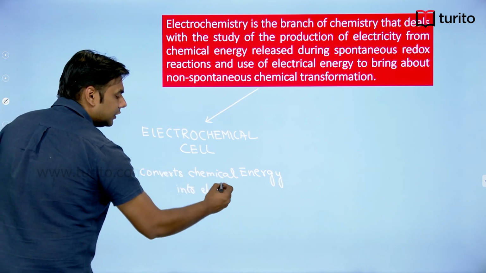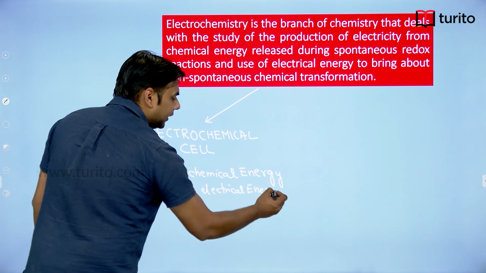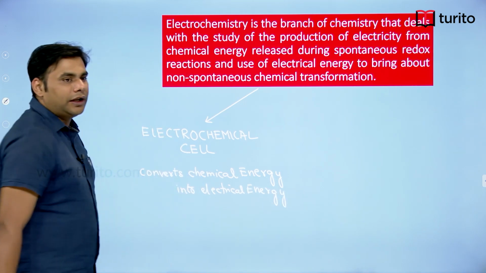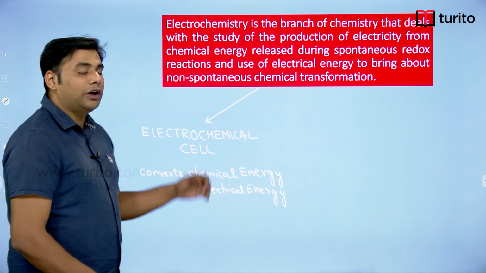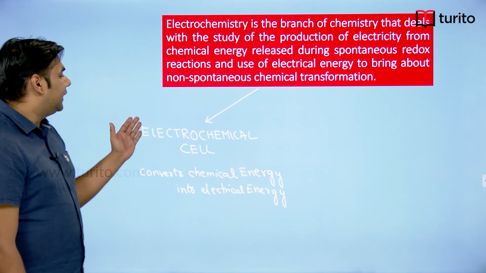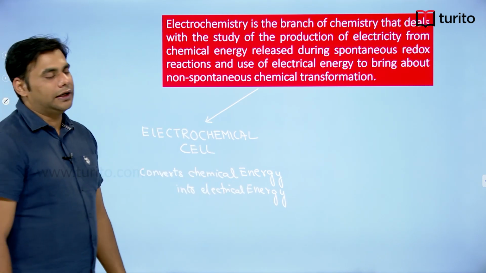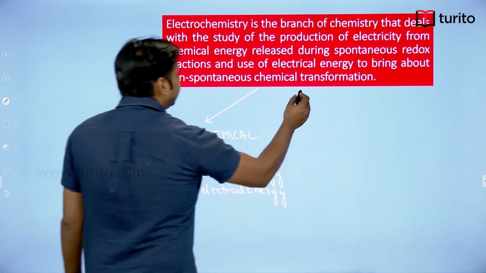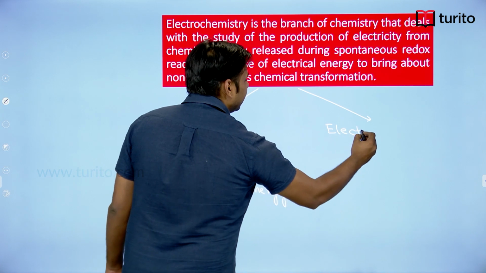There is a spontaneous redox reaction happening, and the chemical energy released is converted into electrical energy. The second type of cell is the electrolytic cell.